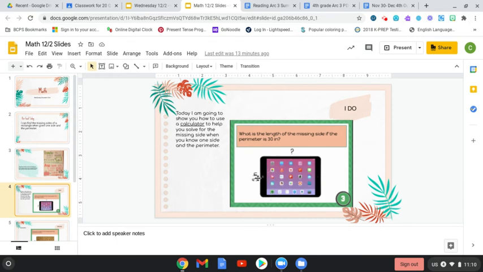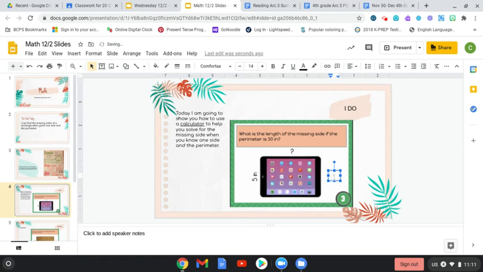So I know that this short side here is going to be the same as this one. So I can add a text box and write in 5 inches, because I know that it's the same length as the other one.